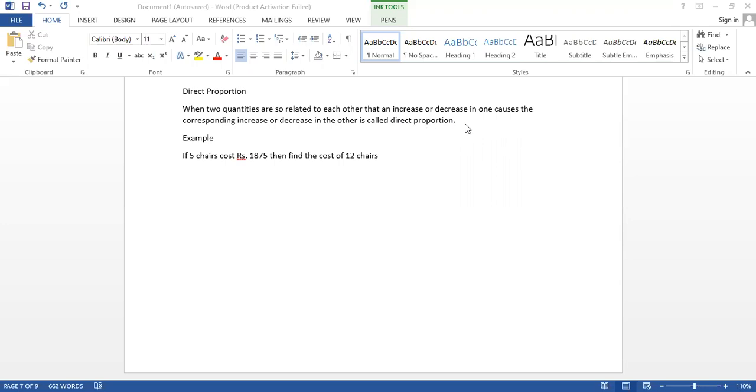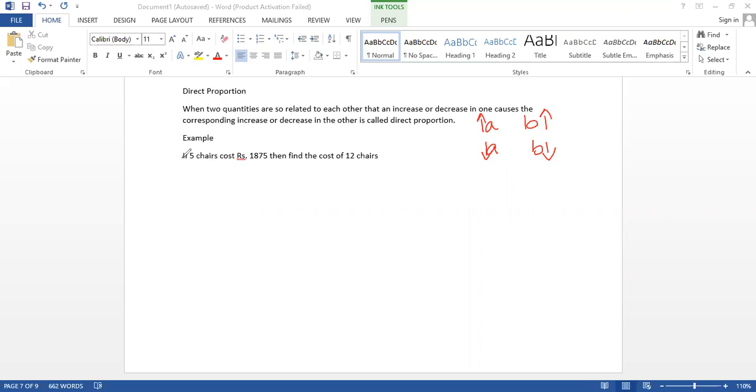Let's say you have two variables, A and B. When A increases, B also increases. Similarly, when A decreases, B also decreases. So this is called direct proportion. The movement is in the same direction.